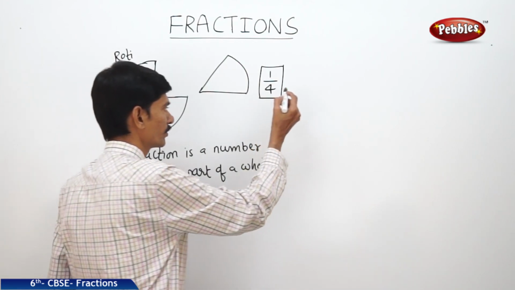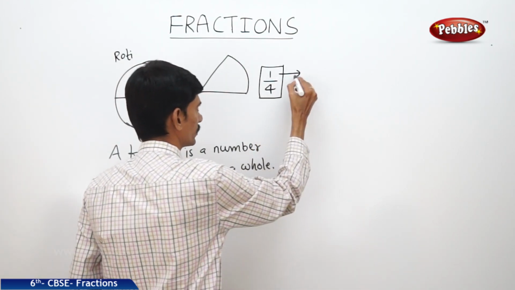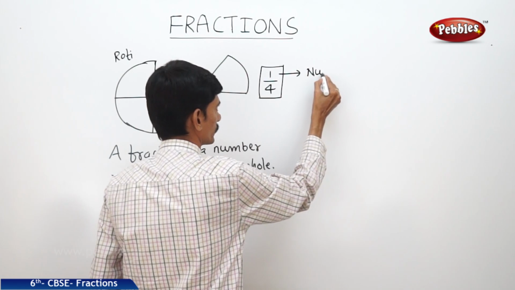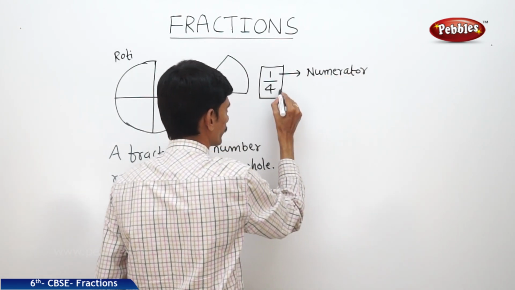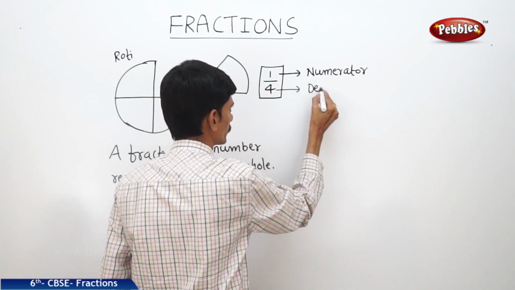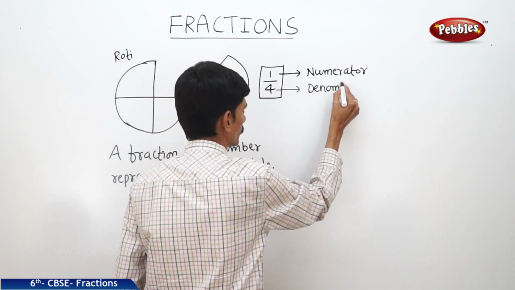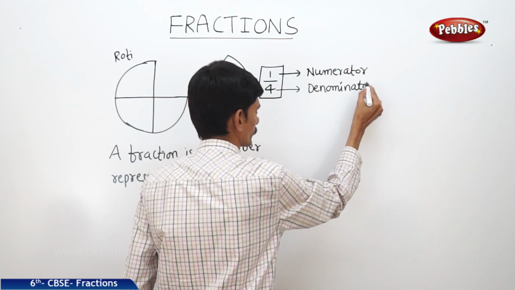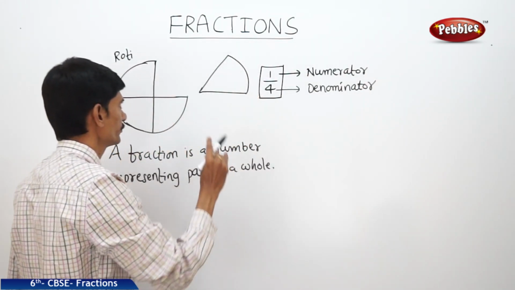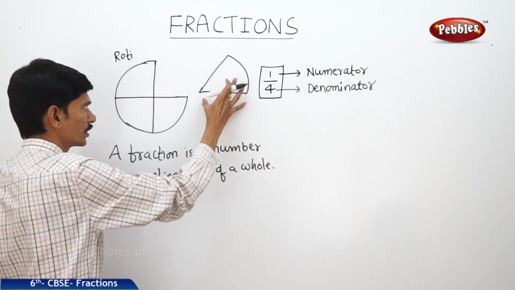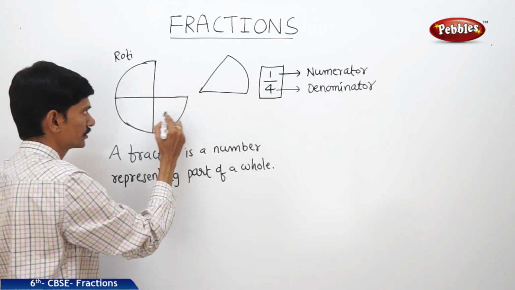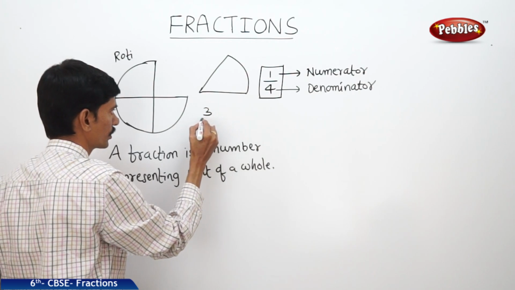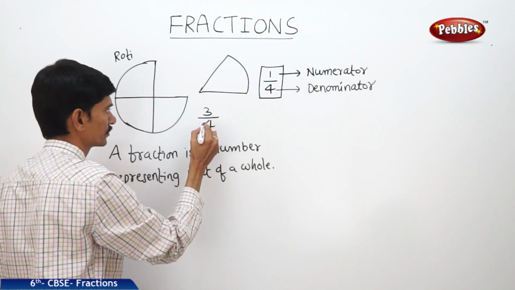Now in this 1/4, here 1 is called the numerator and here 4 is called the denominator. Now if you cut one part of the four equal parts, then we are left with the other three equal parts. So this represents 3 parts out of 4 equal parts.